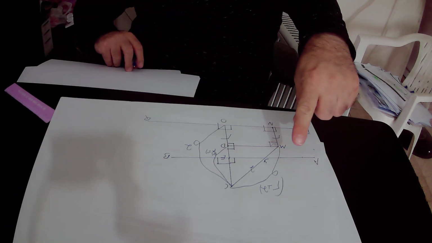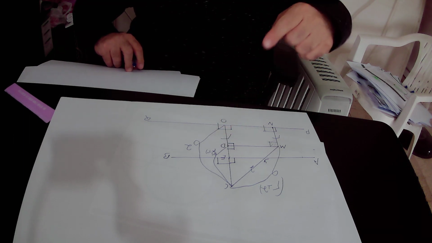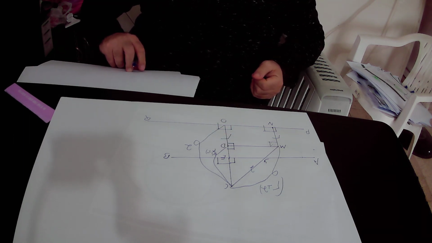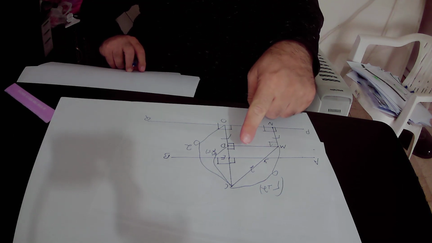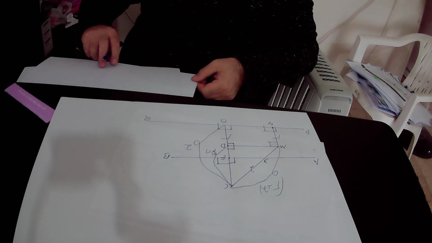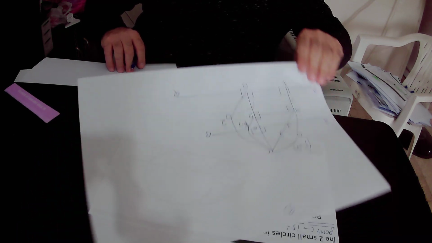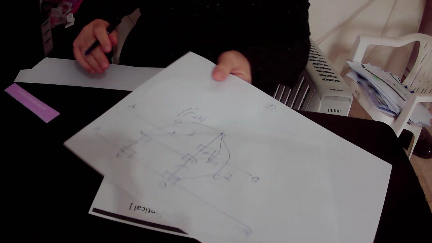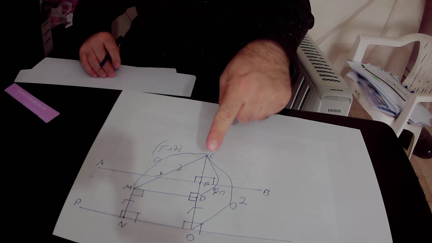So MC equals R plus 2 and CD equals 2 minus R. In the next step, we will focus on the right triangle, triangle CDM.